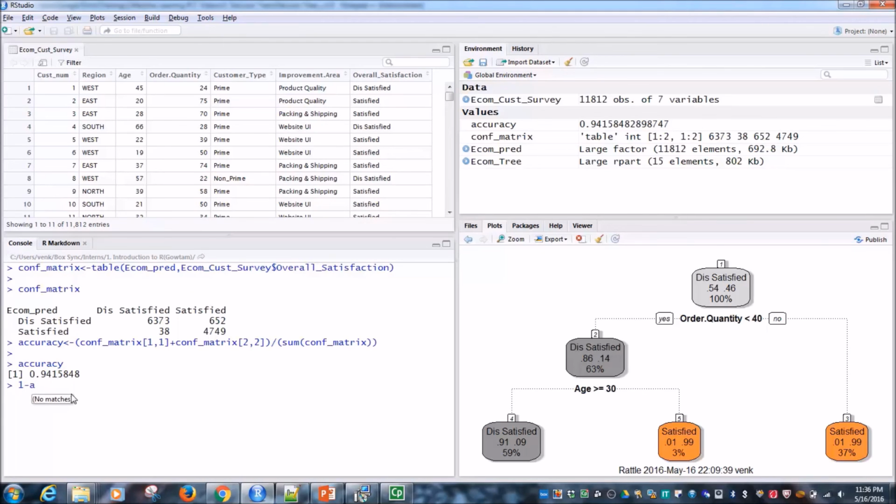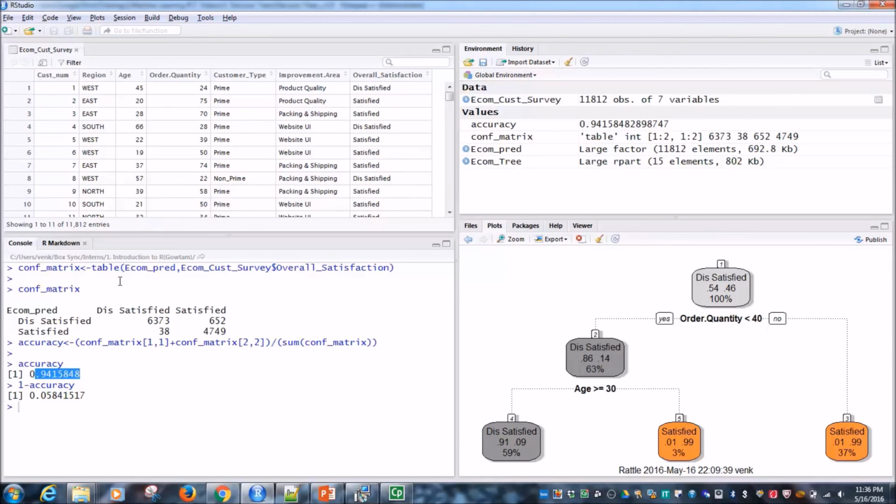1 minus accuracy is our error. Around 5.8% is the error that we are making in this model. 94% is the accuracy. So that is how we validate the tree and find out the accuracy. How do we find the accuracy?